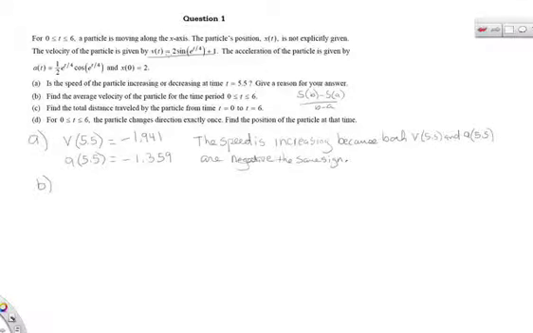So this becomes more about adding up all the velocities. In other words, integrate. So I'm going to integrate from 0 to 6 my velocity function, and I'm going to multiply it by 1/6 to take the average, so that adds it up, and then divide by 6. And so I'll let my calculator do the math here. Math 9. Put that in y1, x comma 0 to 6. So the integral is negative 0.49.